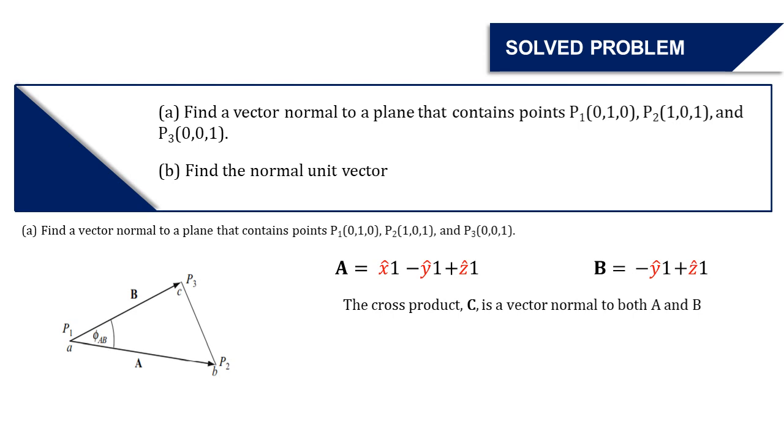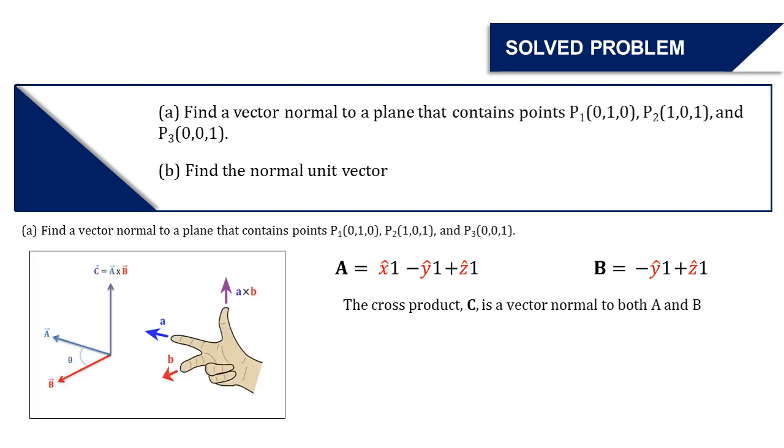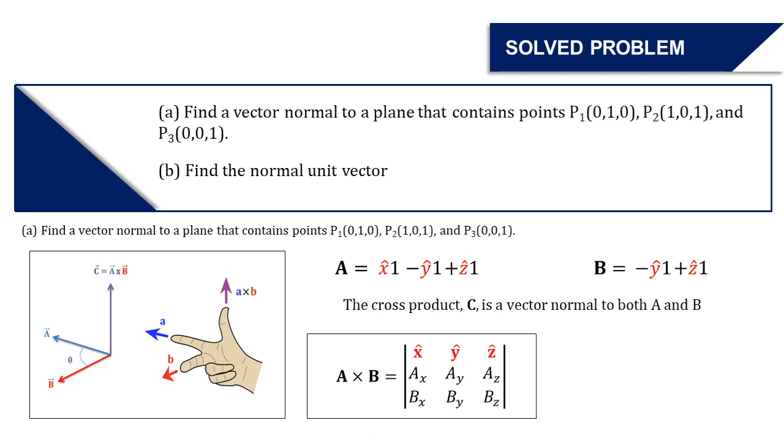Okay? So, paano natin gawin yan? Formula. Okay? By using the right hand rule, yung direction ng ating cross product will be in the direction predicted by the right hand rule. So yung ating formula would be A cross B is equal to the determinant ng components na ito.